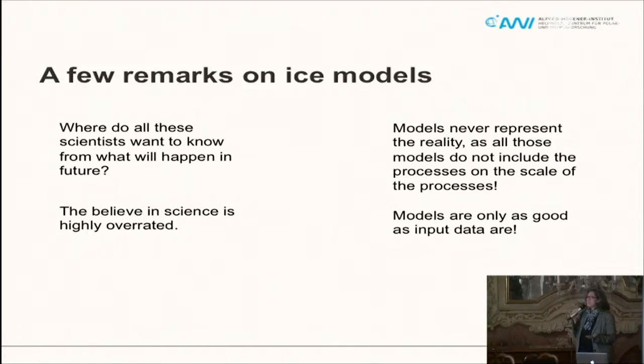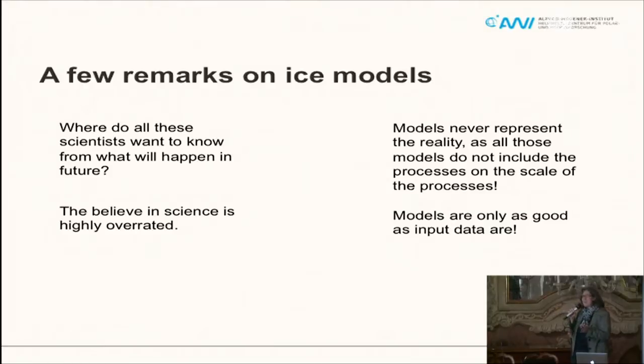The other thing, just in the recent past, as Andrea showed very nicely, is this kind of doubt. The belief in science is highly overrated. And engineers and other scientists also wonder what these models really contain, what they could do, and what they are not capable of.